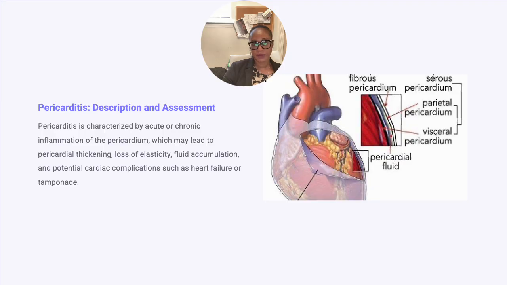Then ST segment elevation will also be noted with onset of inflammation. Atrial fibrillation is also common. Signs of right ventricular failure in a client with chronic constrictive pericarditis are evident.